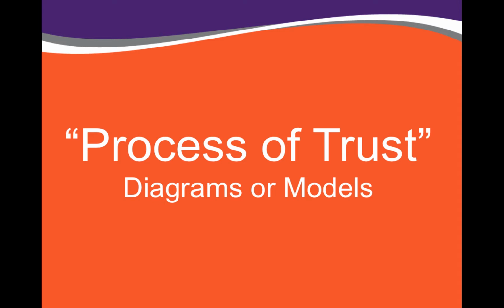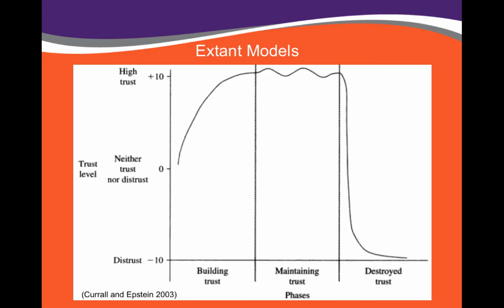Process of trust. So now we're going to go through some diagrams and some models that try to draw out what trust might look like if you had to make a diagram of it. So here you can see that in the beginning stages of a relationship, when you're building trust, you probably start out with neither trust nor distrust.